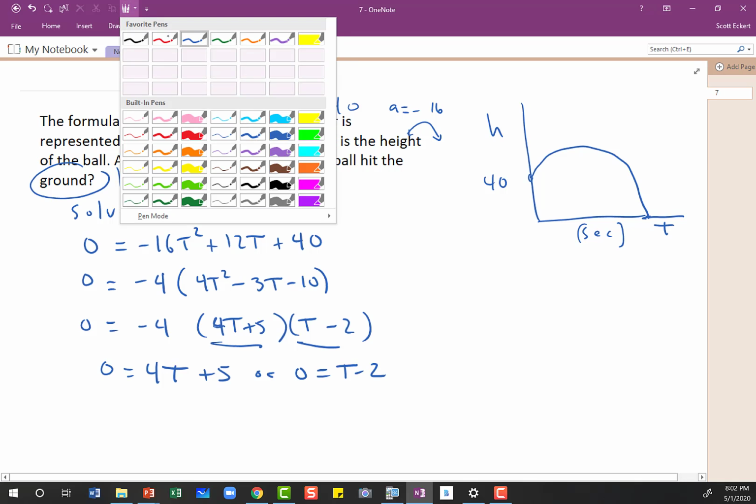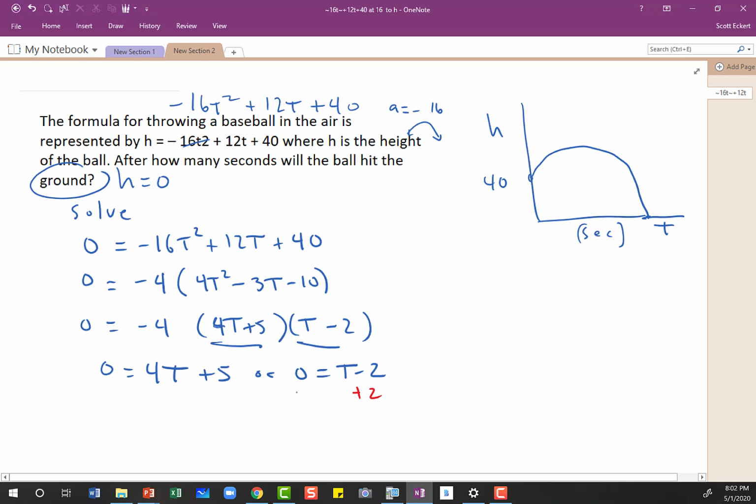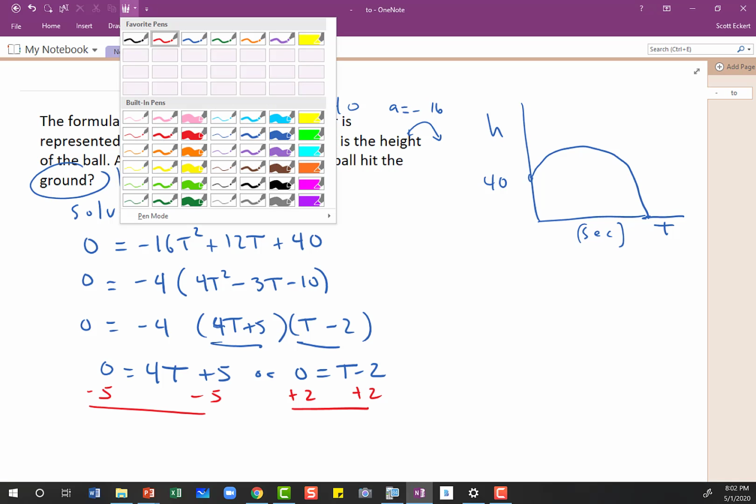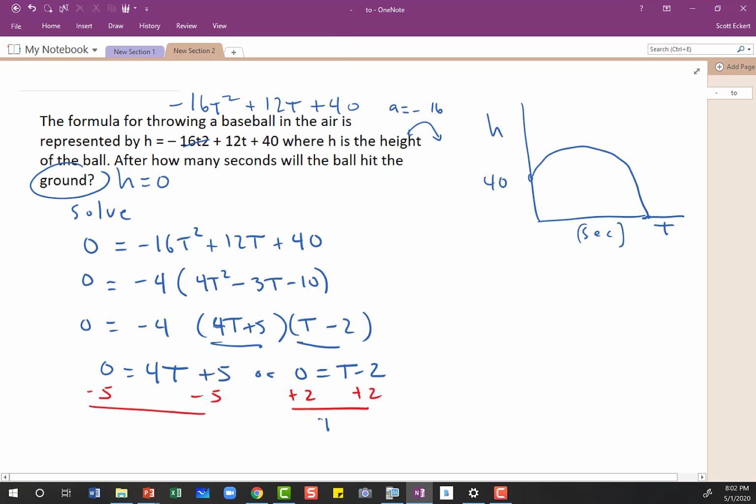And so with a little bit of algebra here, I'm going to add 2, minus 5, going to skip a step here and just say t equals negative 5 fourths. I got two solutions.